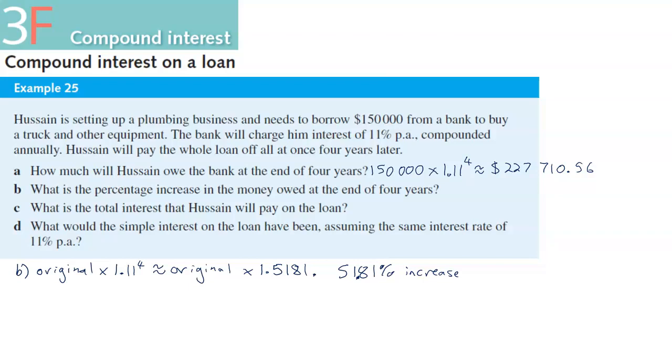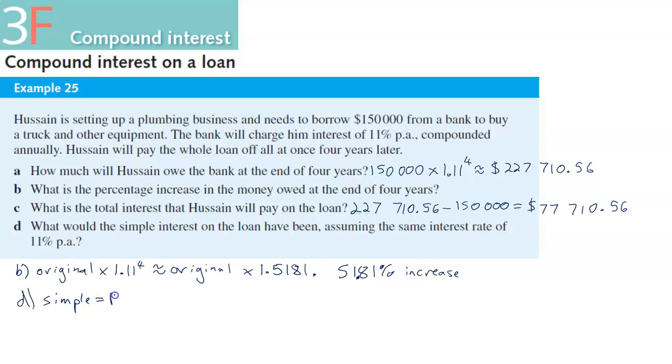Okay then, so the total interest that he has to pay, so he has to pay back this amount here, $227,710.56. The amount he borrowed in the first place, it was 150,000. And so that gives me 77,710.56. Question D, the simple interest.